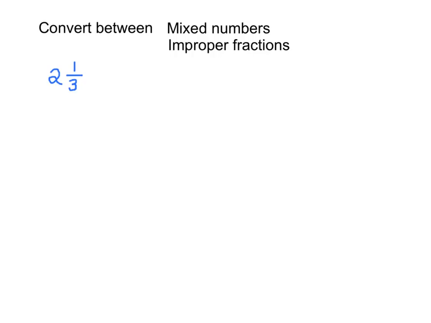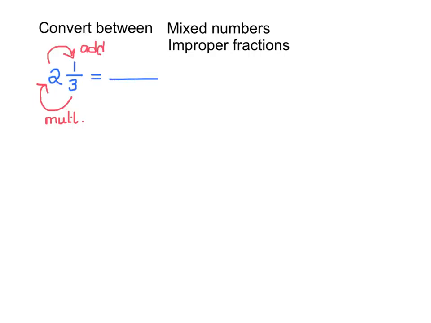What we want to do here is take the denominator of the fraction and multiply it by the whole number part. That's multiplication. And we want to take the result of that and add it to the numerator. So let's do just that.